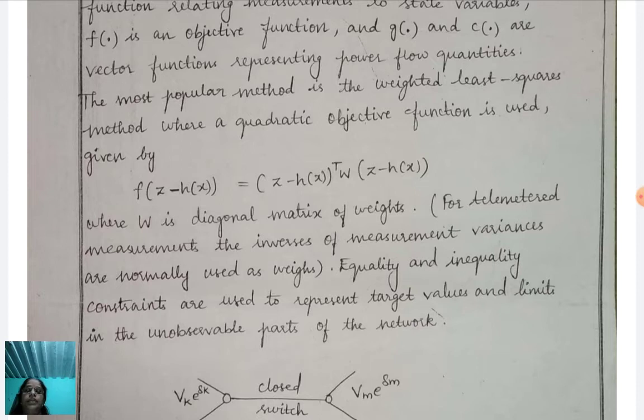For telemetered measurements, the inverses of measurement variances are normally used as weights. Equality and inequality constraints are used to represent target values and limits in the unobservable parts of the network.